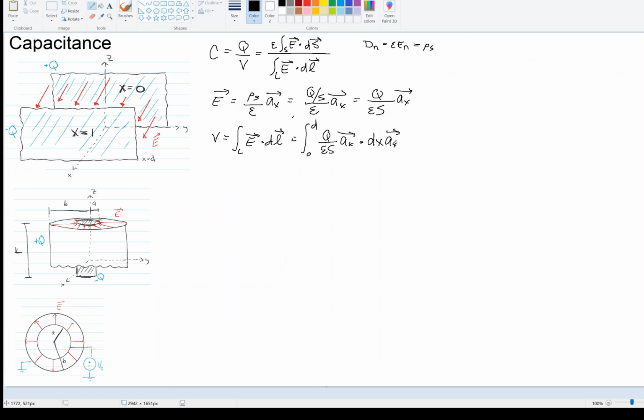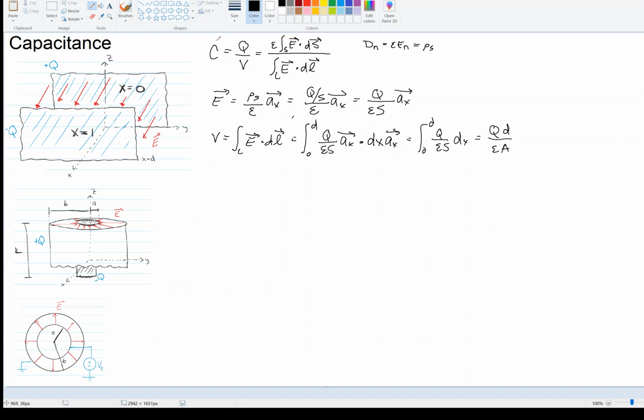So ax dotted with ax is 1, so this just gives me the integral from 0 to d of q over epsilon s dx. That's a constant as far as x is concerned, so when I integrate that I just get x and I plug in the distance d, and so I get this as the voltage. So you see we assumed q, then we got the voltage.